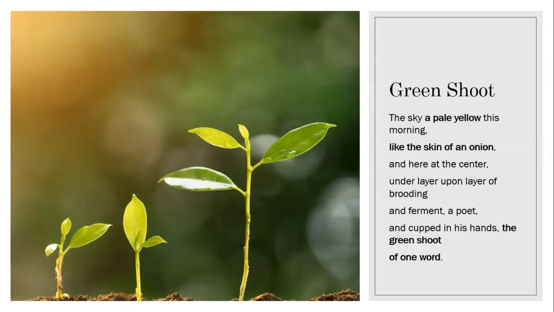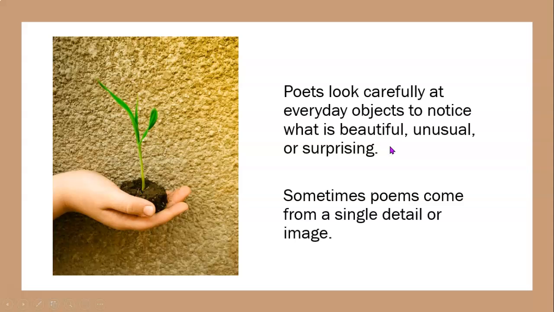But he doesn't describe it as like this big, beautiful color. He describes it as like the skin of an onion that you peel away and there's always more layers of the onion. He describes the green shoot that he's holding in his hand. Those are two small images, but sometimes the ideas for a poem come from a single detail or a single image.